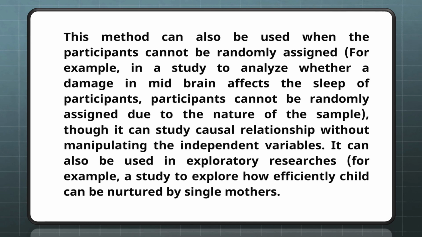For example, in a study to analyze whether damage in the midbrain affects the sleep of participants, participants cannot be randomly assigned due to the nature of the sample. Though it can study causal relationships without manipulating the independent variables. It can also be used in exploratory research. For example, a study to explore how efficiently a child can be nurtured by single mothers.